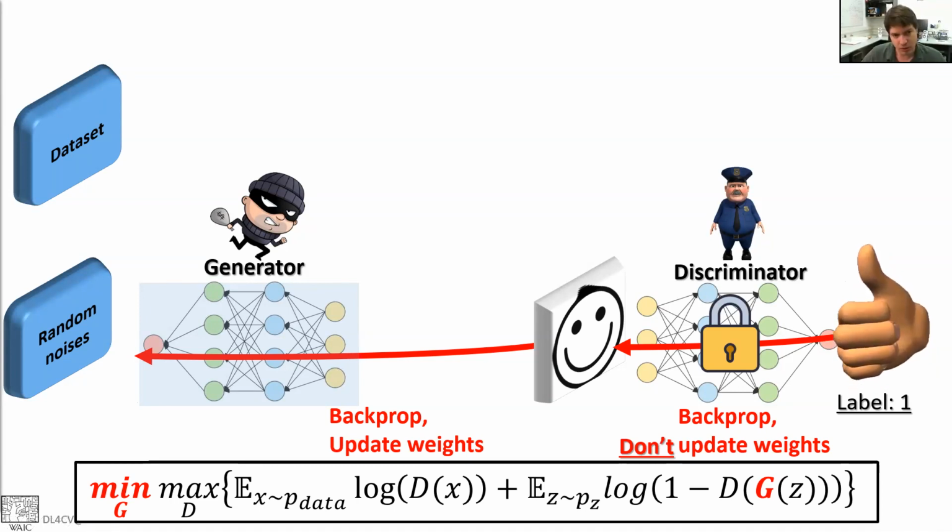You should note that if I want to calculate the gradient with respect to the weights of G, I have no other choice but doing backpropagation through the discriminator. But I only use it to calculate the gradients. Under any circumstances, I don't update the weights of the discriminator. So the gradient flows, but the update is only here.